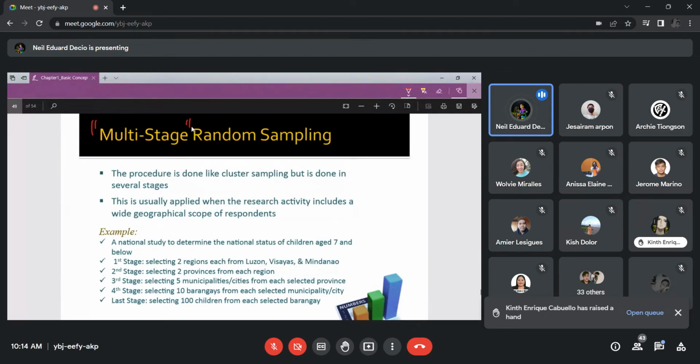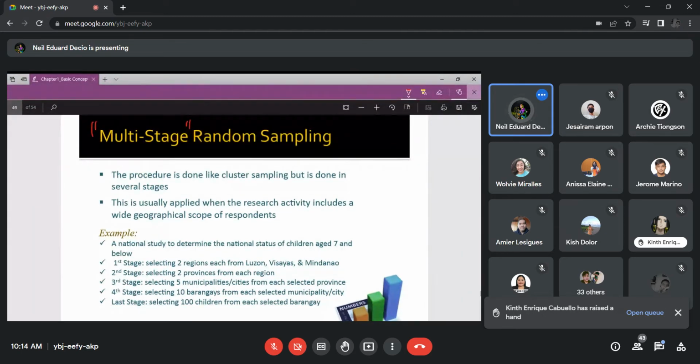Okay? But in multi-stage, I think, when the population is large, as much as possible, for us to have a good reflection of the population in the sample, the larger the population, the larger the sample should be. Because if our sample is small, there is a higher error, what we call the margin of error. So there is a greater chance that it will not reflect. Because if many are not included in the sample, outliers will be left out, so our sample will not truly reflect the population.